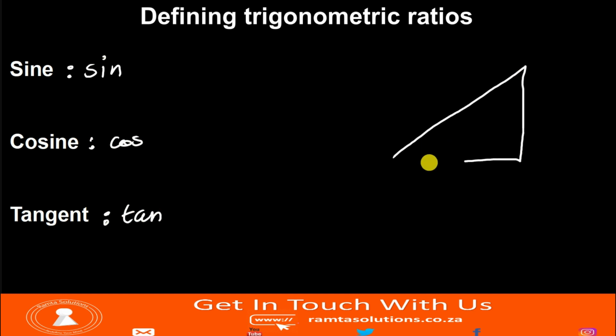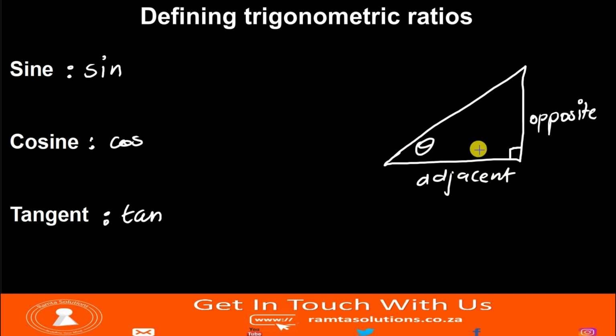Let me just draw a right-angled triangle and use angle theta. So yeah, it's a right-angled triangle. This side here, we refer to it as the opposite side. And this side here, we refer to it as the adjacent.